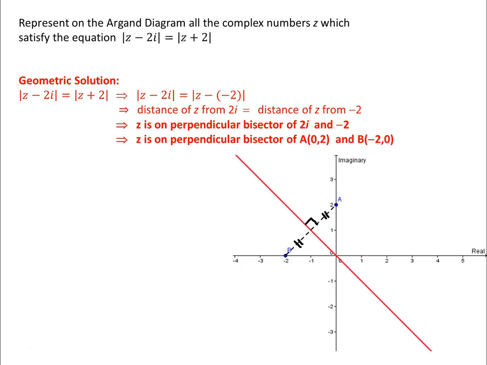Again, we can do this part algebraically if you don't like the geometric solution. So again, with the algebraic solution, we start off by saying let z equal x plus iy, in which case the condition, the modulus of z minus 2i equals the modulus of z plus 2, becomes the modulus of x plus iy, take away 2i, equals the modulus of x plus iy plus 2.